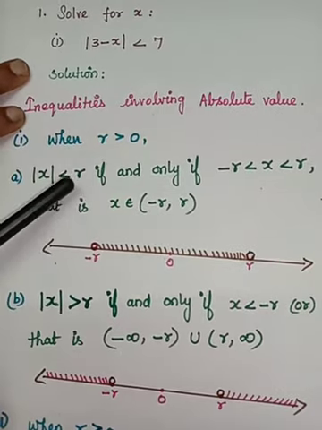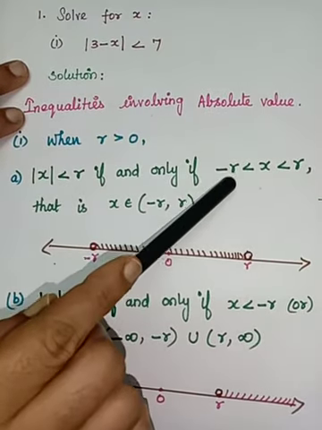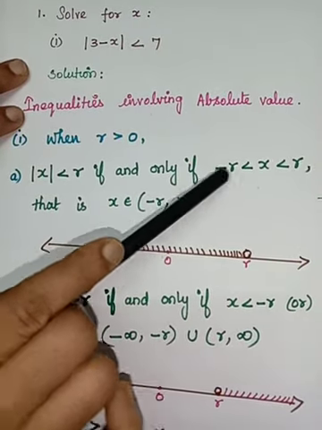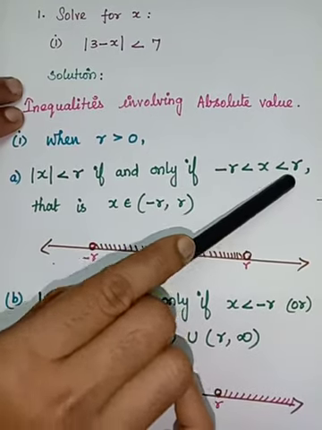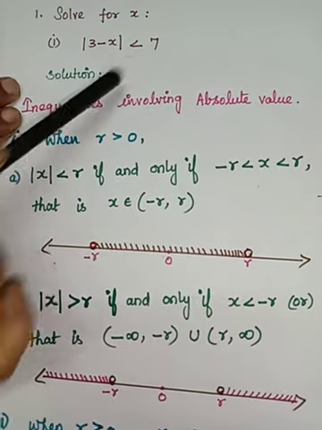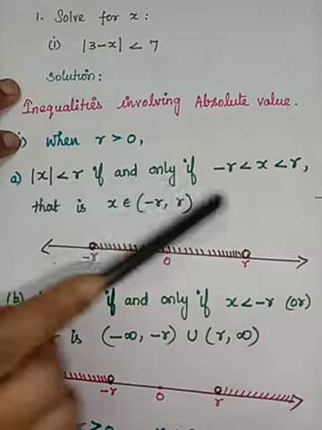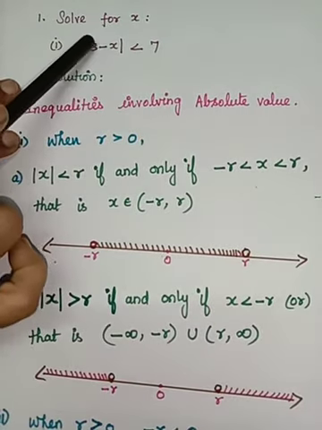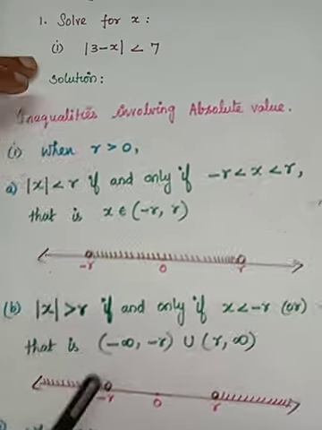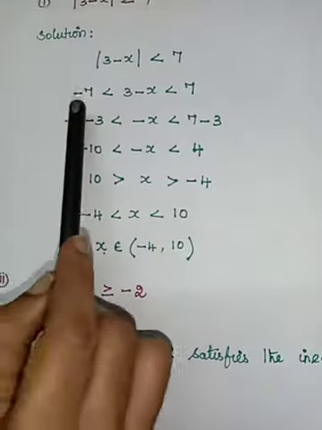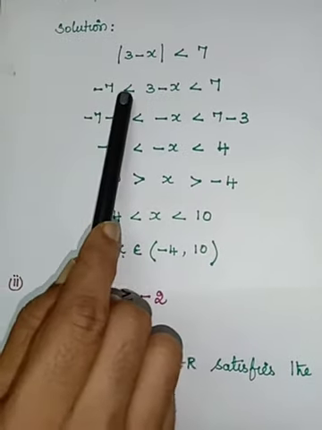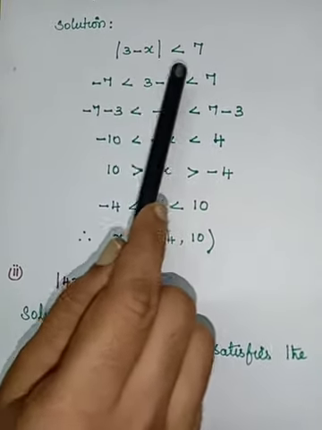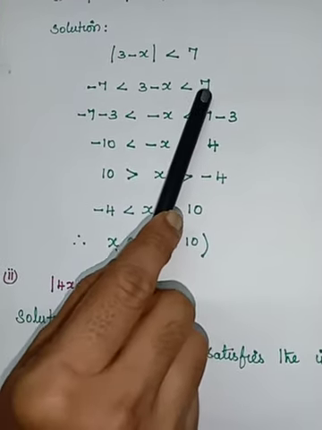Your r is 7. Okay, so what is that answer? Minus r less than x less than r. So in the place of r, you have 7. In the place of x, you have 3 minus x. So how will the solution be? Minus 7 less than 3 minus x less than 7.